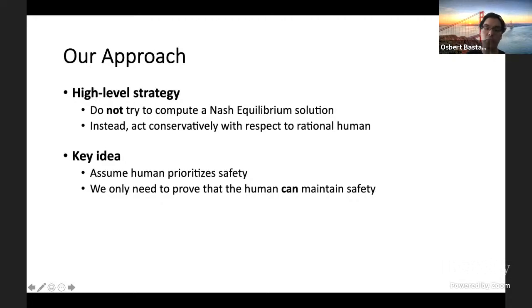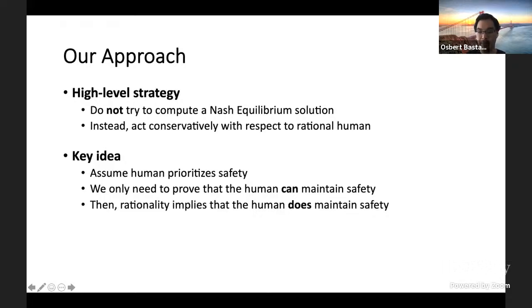As long as we know that the human can maintain safety given a candidate action, then if we take that action, the human will act in a way that maintains safety. They might act differently than the strategy we discover, but their actions will still guarantee safety. This follows from our assumption that the human acts rationally.